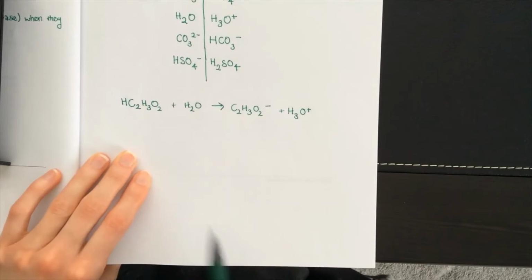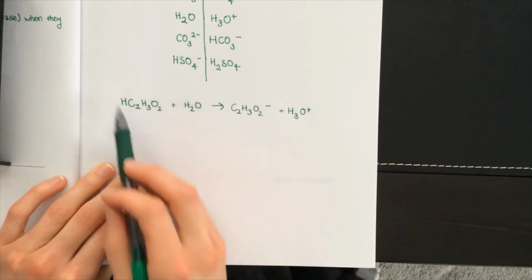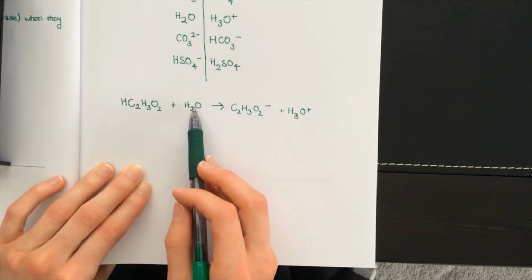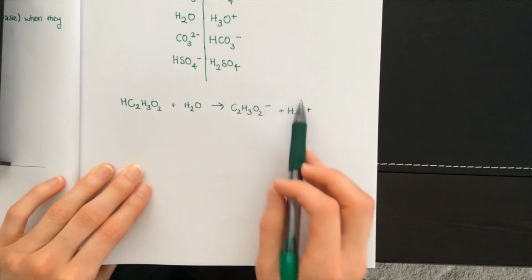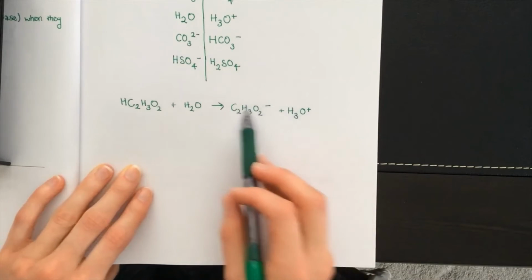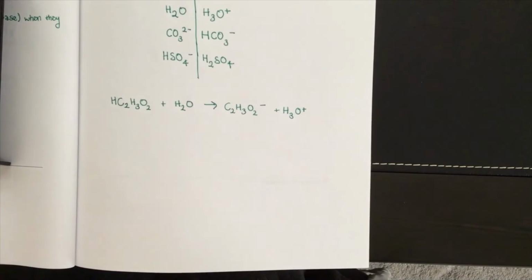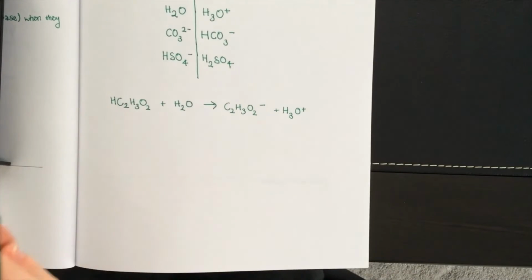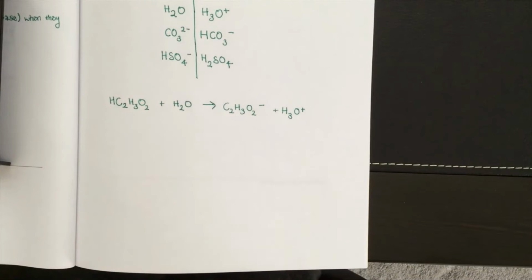A couple of things. The acid and the base are always going to be on the reactant side. This one is either the acid or the base, and this one's either the acid or the base. The conjugate acid and base will always be on the product side, and you'll always have one of each: an acid, a base, a conjugate acid and a conjugate base. You just have to figure out which one is which.